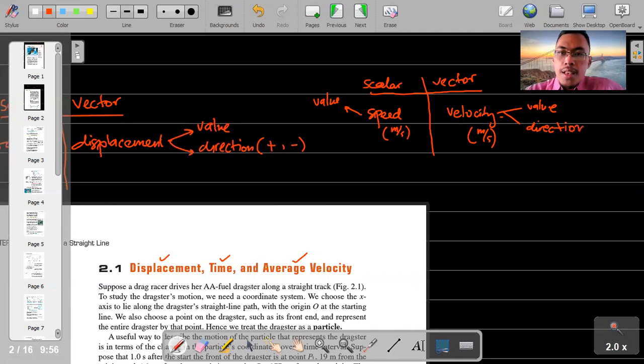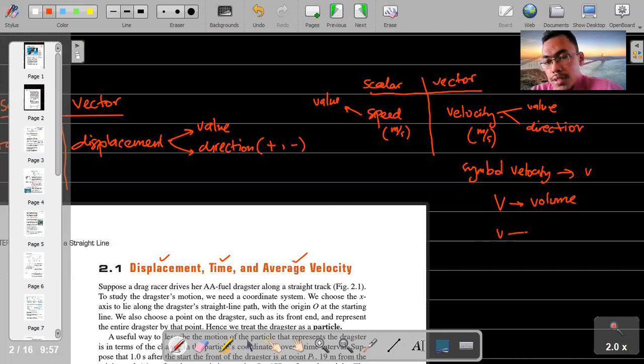The symbol of velocity is v, a small v. We have to differentiate it from the bigger V, which means volume, but the smaller one defines velocity.